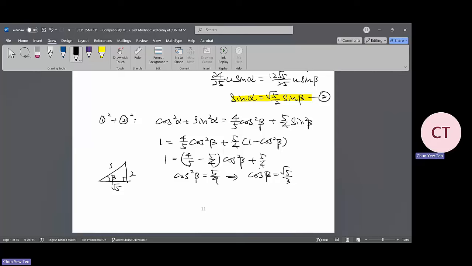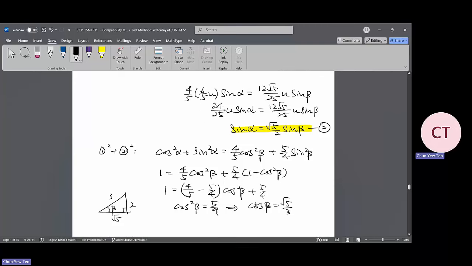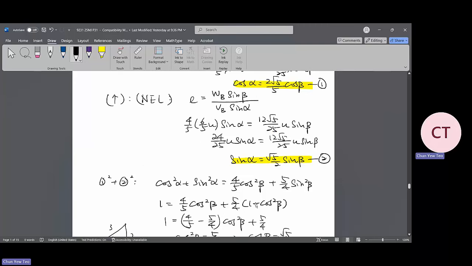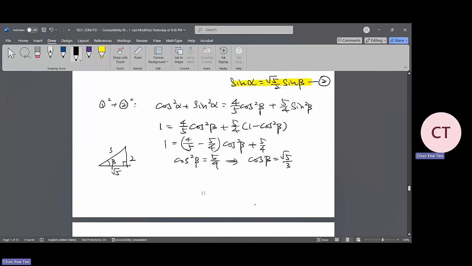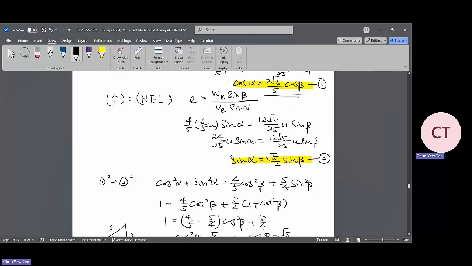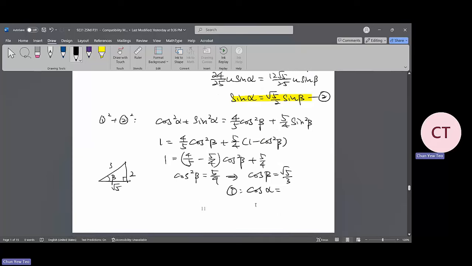Oh, by the way, I need to find the sine alpha as well. I have found the cos beta. Then from equation 1, I can find the cos alpha. So cos alpha is actually equal to 2 root 5 over 5 of the cos beta.